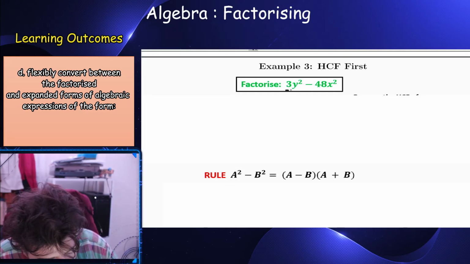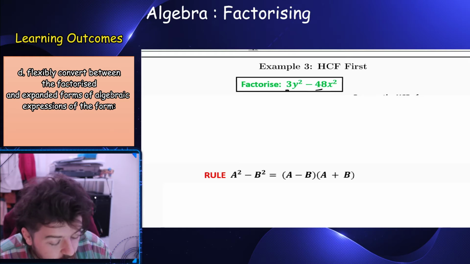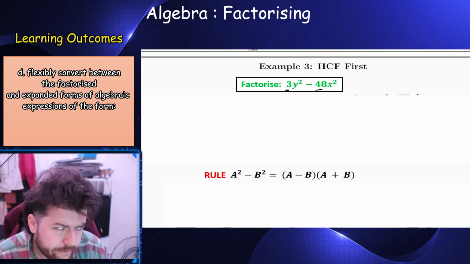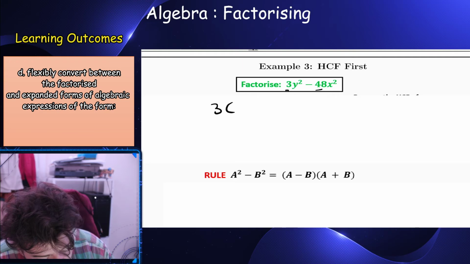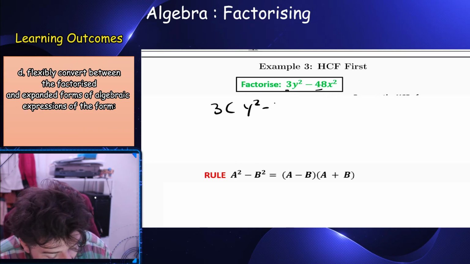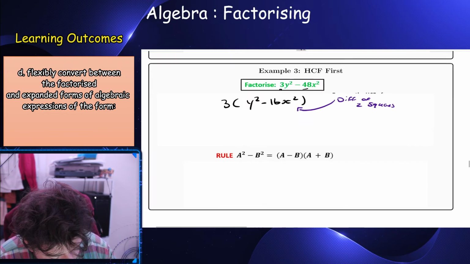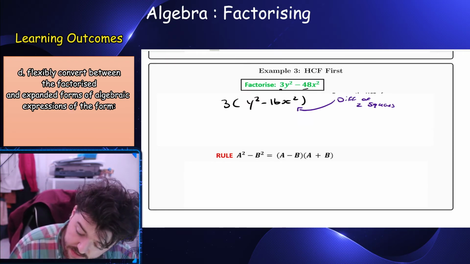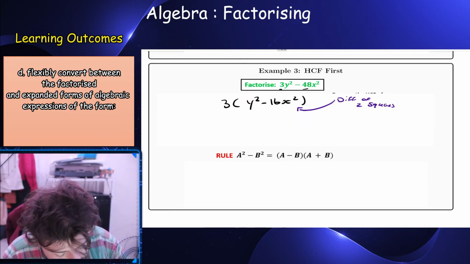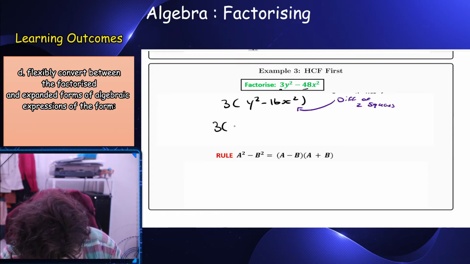So what do you have in common? Well, they have a 3 in common, because 3 divides into 48. So take out a 3. Now I'm going to be left with y squared minus 16x squared. Then this is a difference of two squares. So rewrite this out to be 3 times y all squared minus 4x all squared.